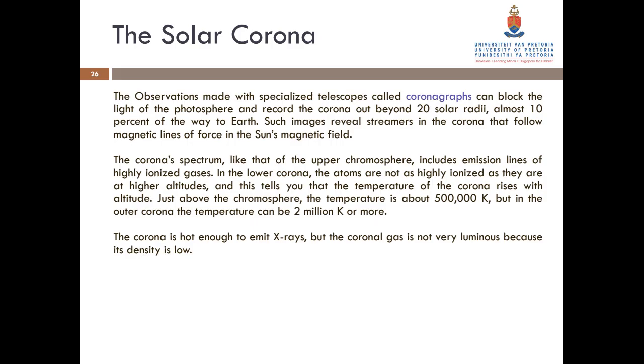In the lower corona, the atoms are not as highly ionized as they are at higher altitudes, and this tells you that the temperature of the corona rises with altitude. Just above the chromosphere, the temperature is about 500,000 Kelvin, but in the outer corona, the temperature can be 2 million Kelvin or more. So the corona is hot enough to emit X-rays, but the coronal gas is not very luminous because its density is low.